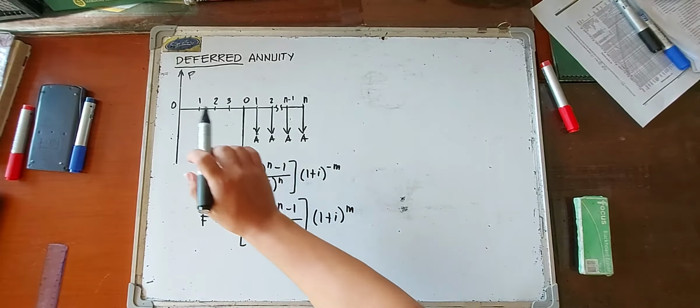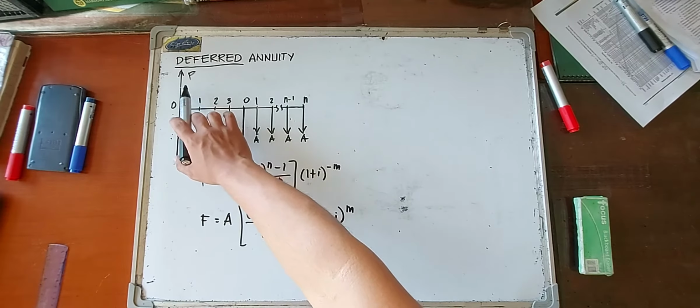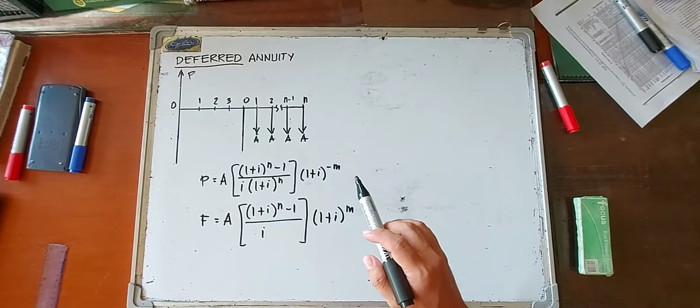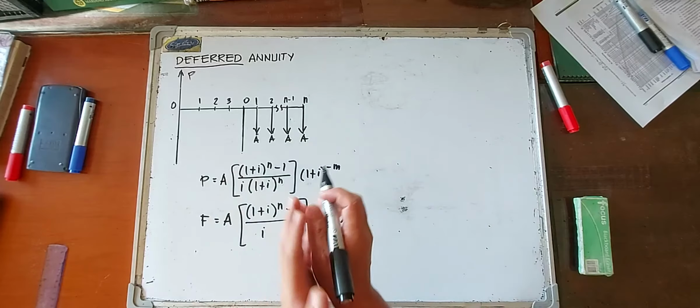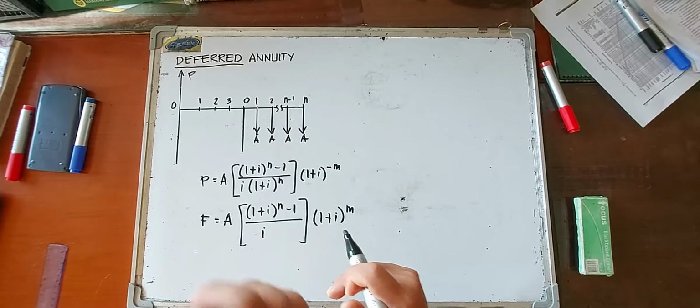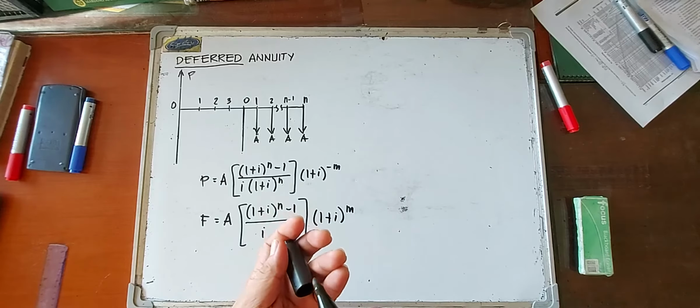Then if you want to solve for the present worth of this, we're going to set a focal point.